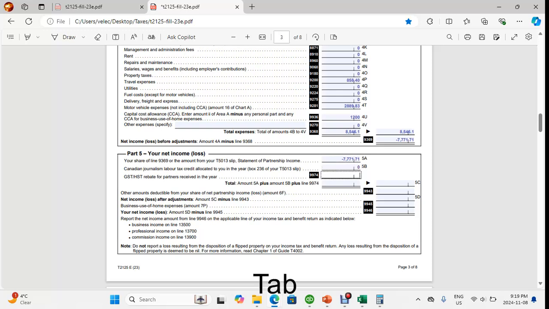This will be 0 in our case. GST/HST rebate, or line 9974, this will be 0 as well, which means that this figure will be $7,771 in loss. It will get transferred over to 5C.